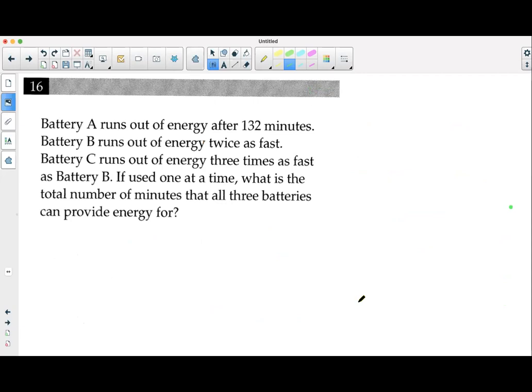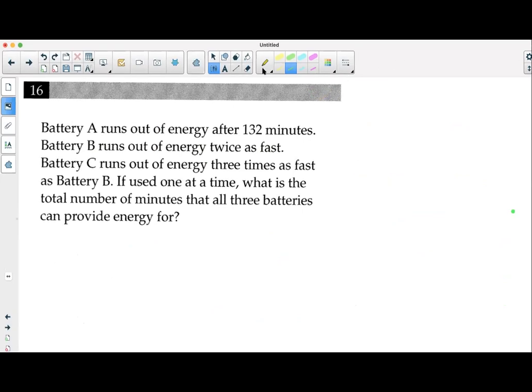So, battery A runs out of energy after 132 minutes. Battery B runs out of energy twice as fast. Twice as fast implies that we are looking at half of the time.